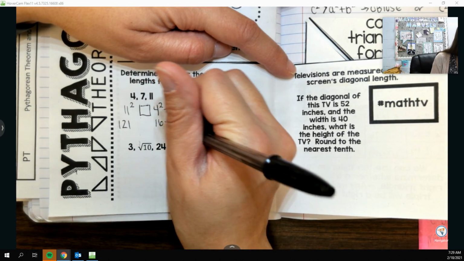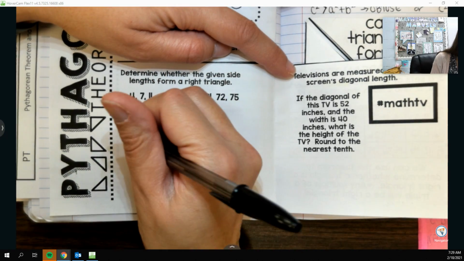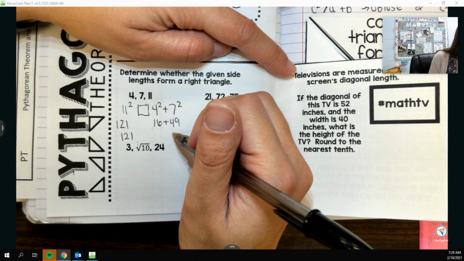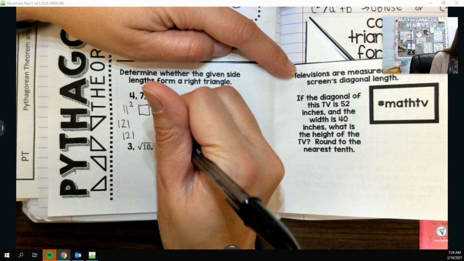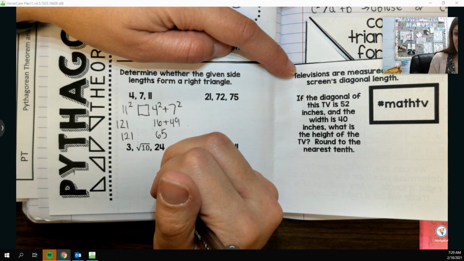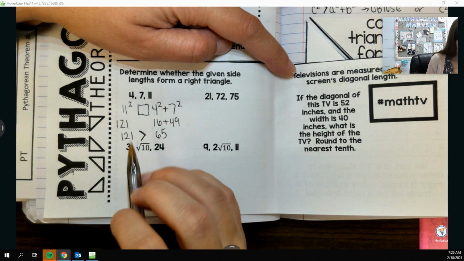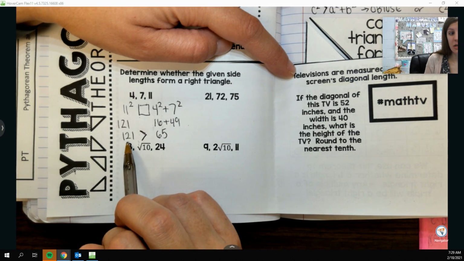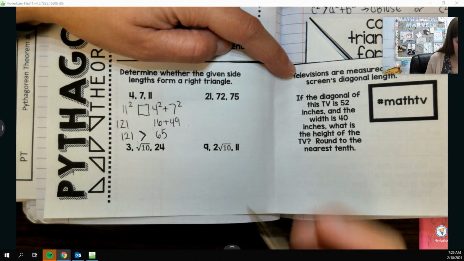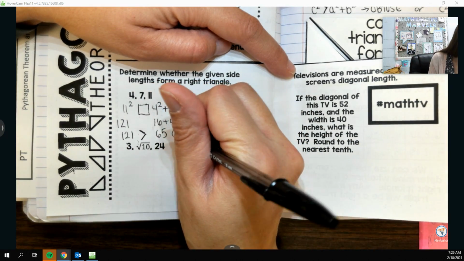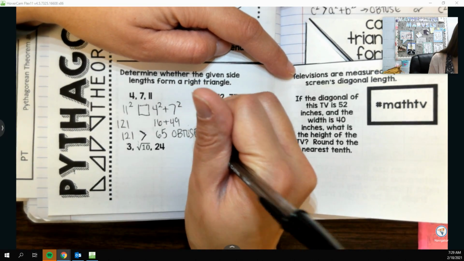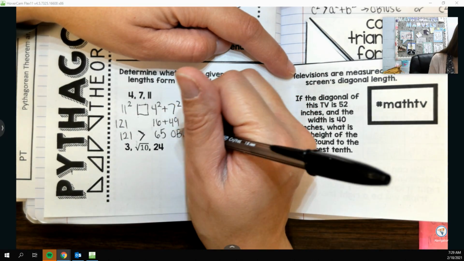We got 16 plus 49 over here, which is 65. So definitely not. And I can put a greater than symbol in there. So we're saying that my hypotenuse is bigger than the sum of the two sides, meaning that that would make it obtuse and not right.